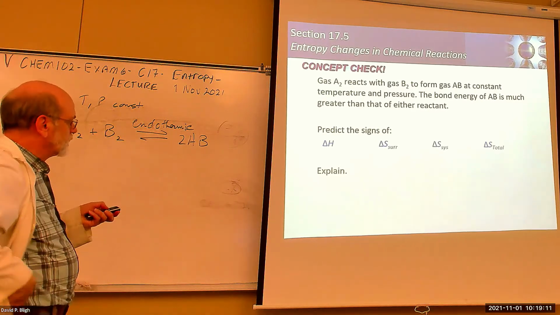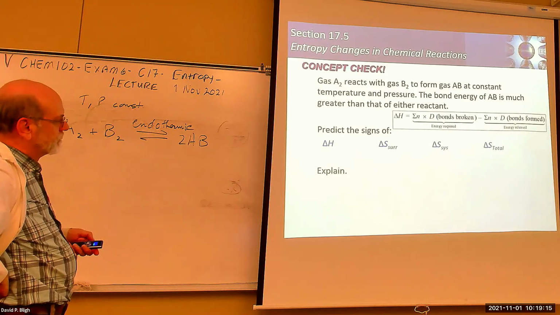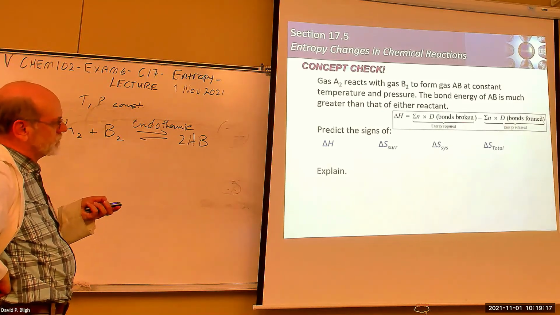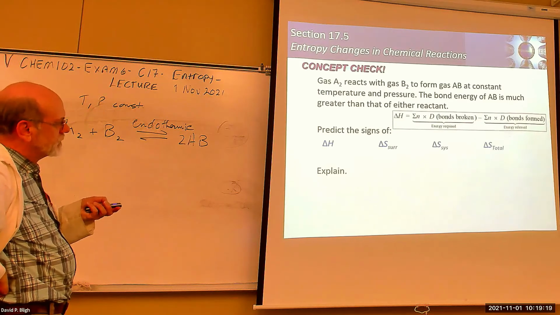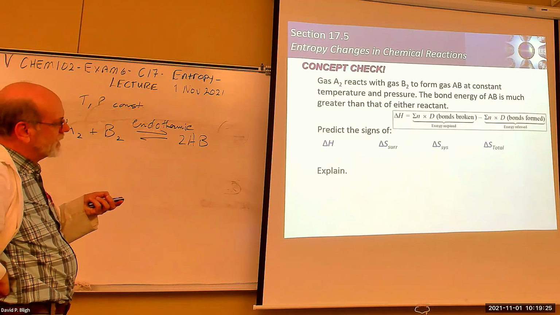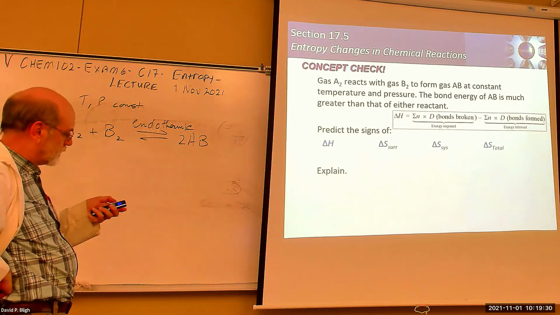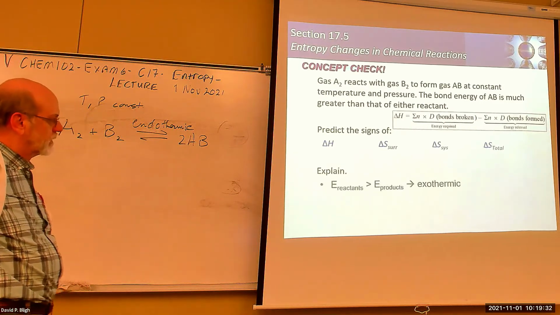Predict the sign of delta H. So delta H, if the energy released is less than the energy required, then we're going to have a positive delta H, which makes it endothermic.